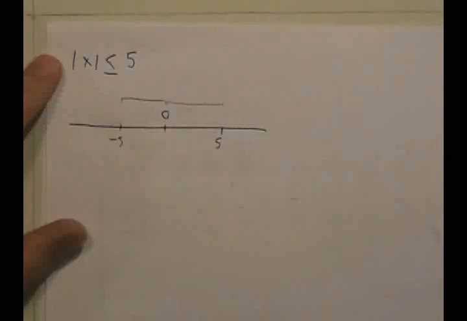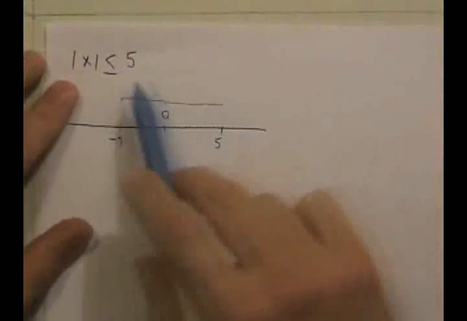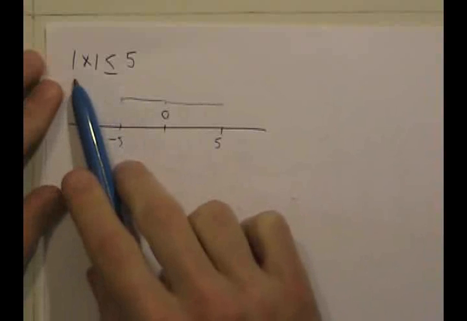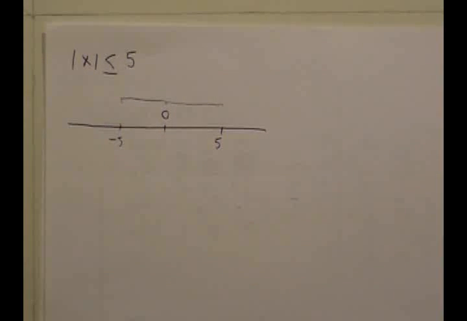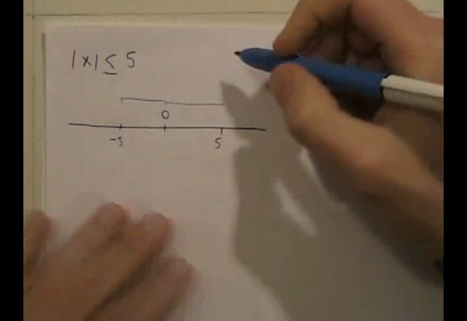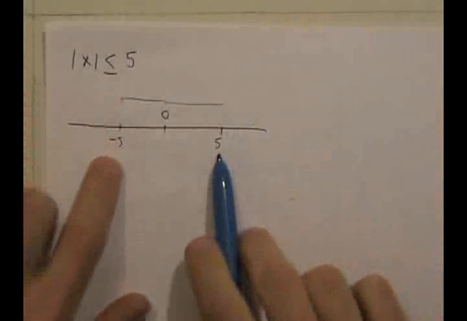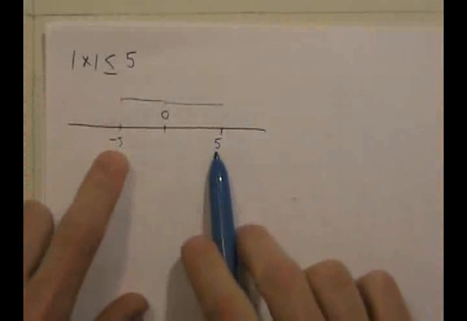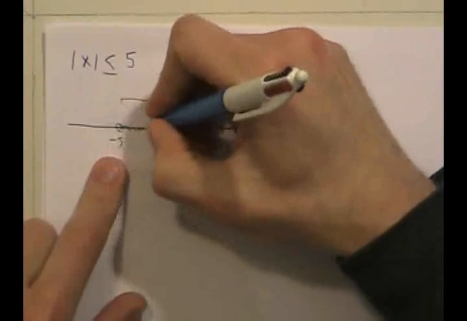This is asking which numbers are at a lesser distance than 5 from 0. There are many numbers that solve this inequality, namely everything in between here.